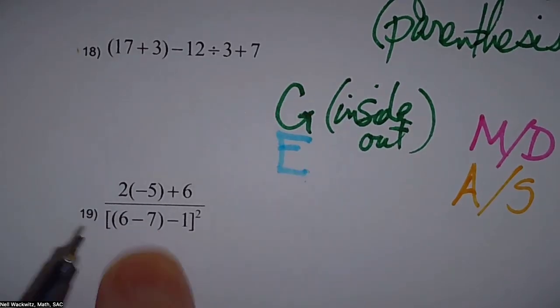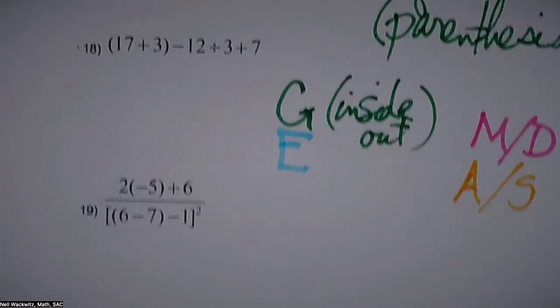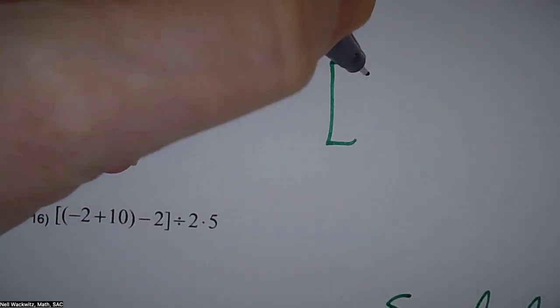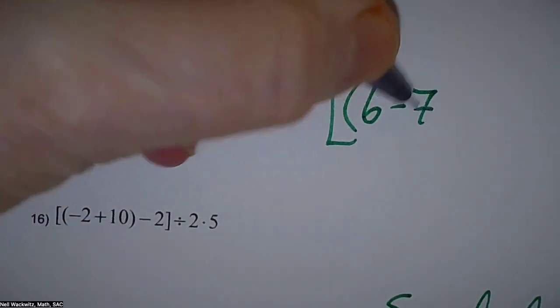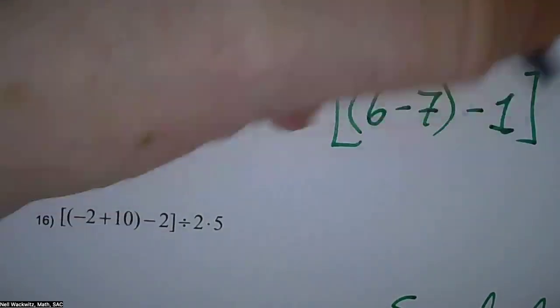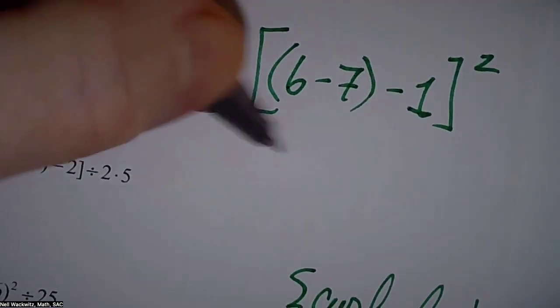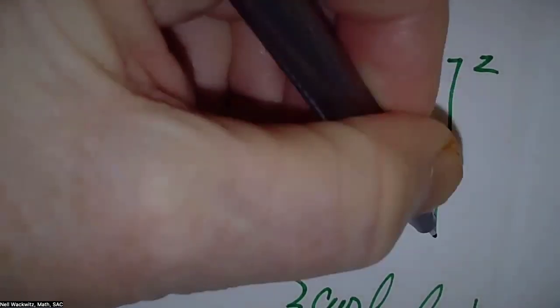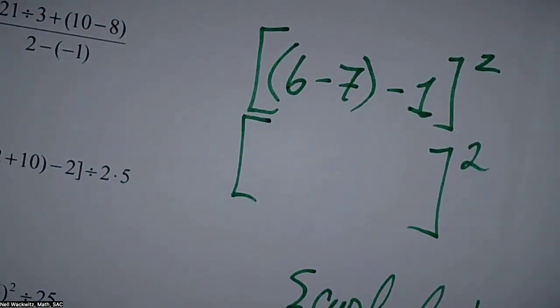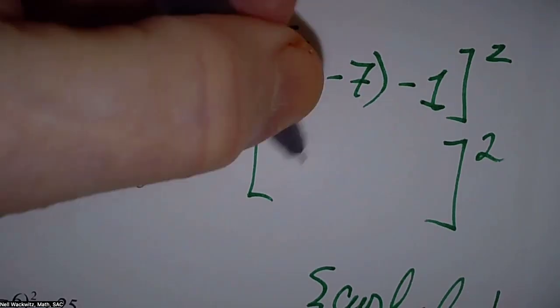So the innermost part is 6 minus 7. What is 6 minus 7? -1. Awesome. Thank you, Jane.